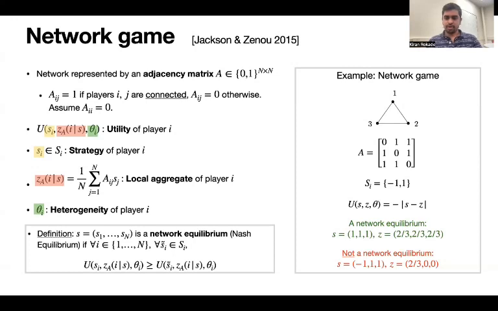But what happens if player 1 decides to deviate to the strategy -1? Then the local aggregate of player 1 is 2/3, and -1 is not as close to 2/3 as +1. So this is not a network equilibrium.